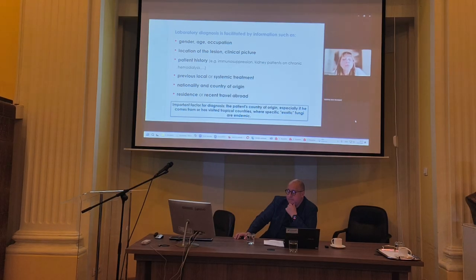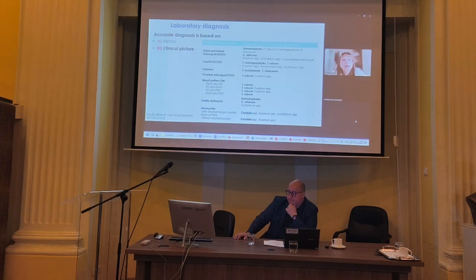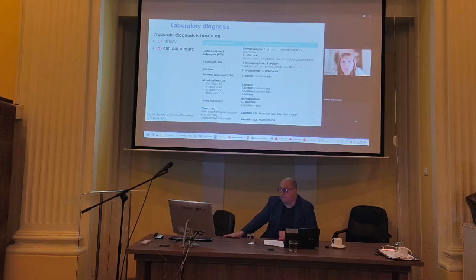The patient's country of origin is very important for the diagnosis, especially if he comes from or has visited tropical countries where specific exotic fungi are endemic. What about the clinical picture? It can suggest the organisms most commonly associated.